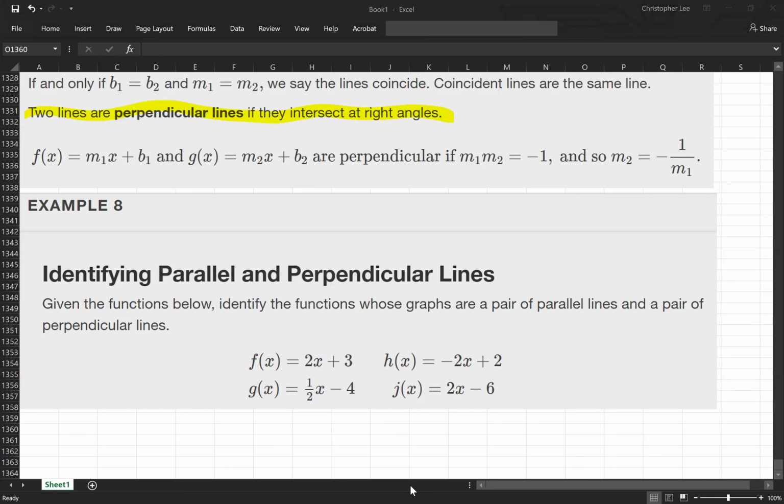So definitely F and J. That should be our like terms, parallel.